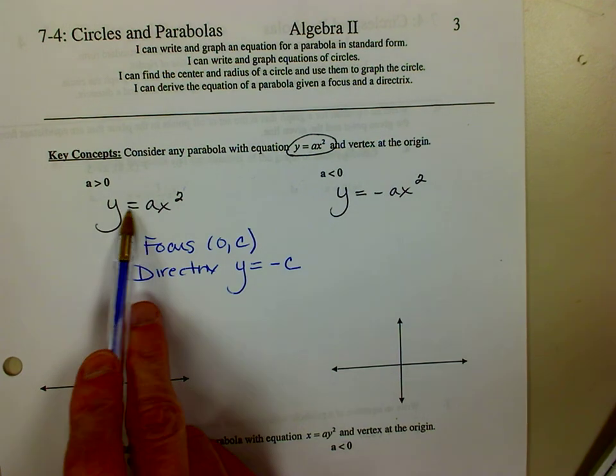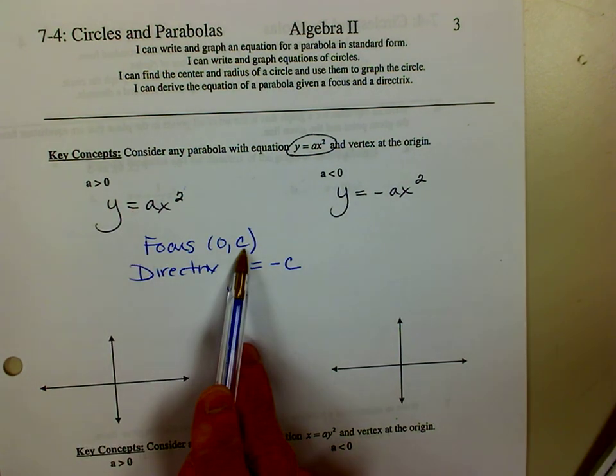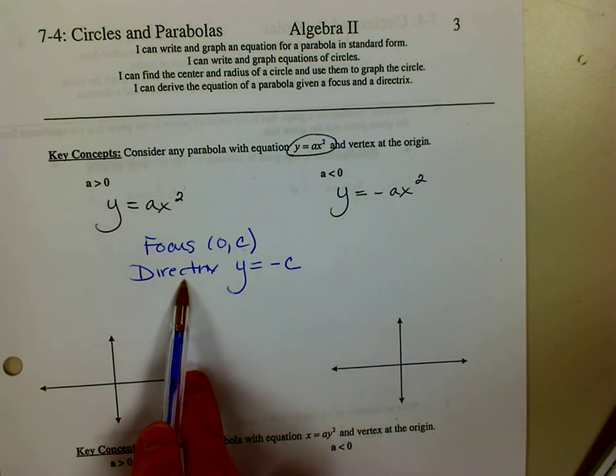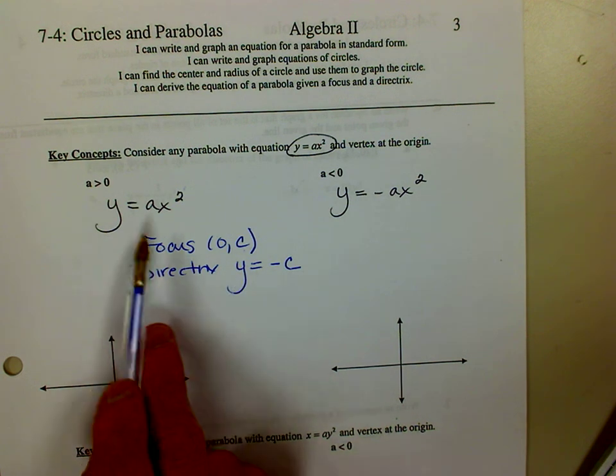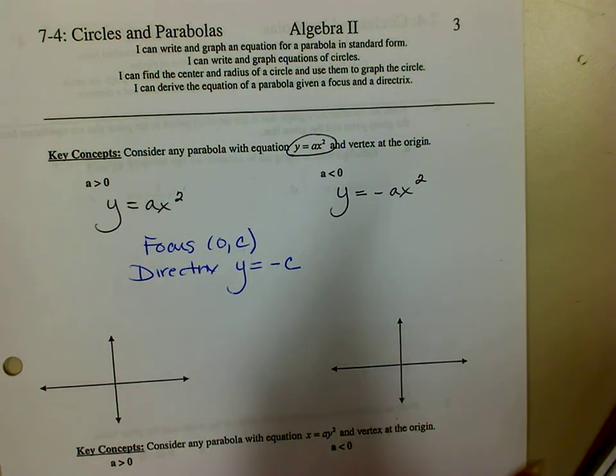If it's y equals, then the focus needs to be in the y spot. And remember, the focus is always labeled with C. The directrix is going to be y equals, because this is y equals, and it's going to be the opposite.